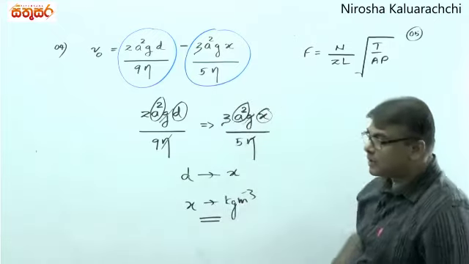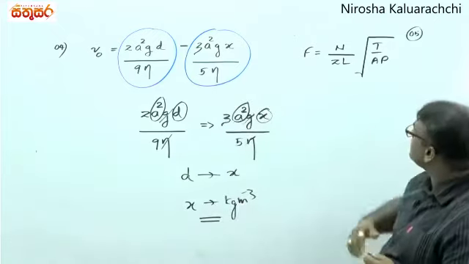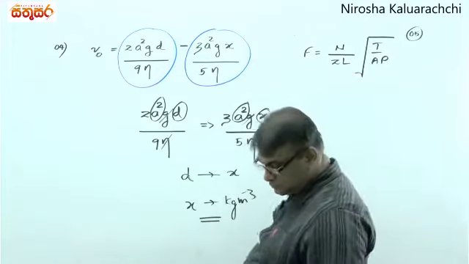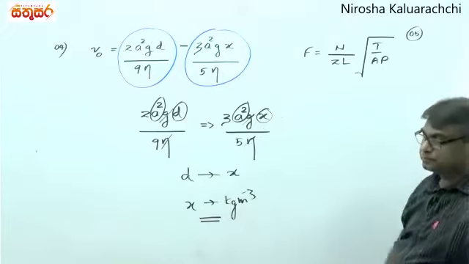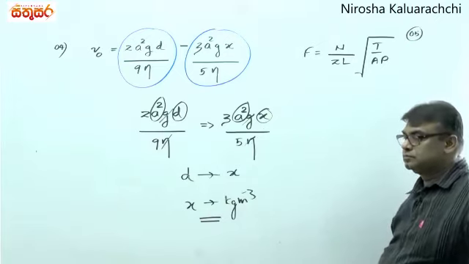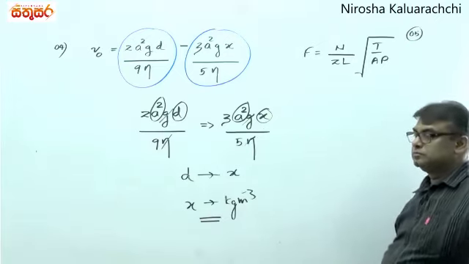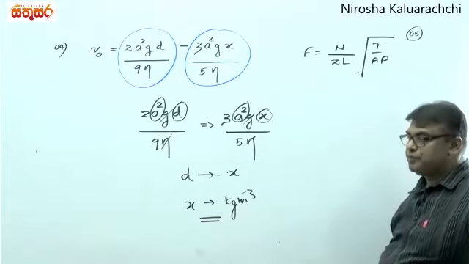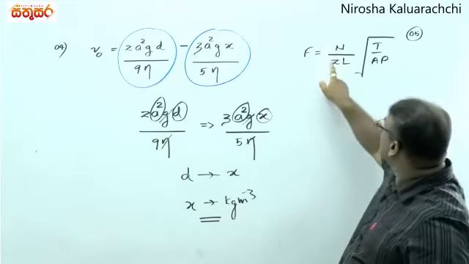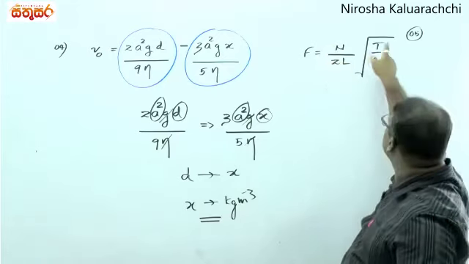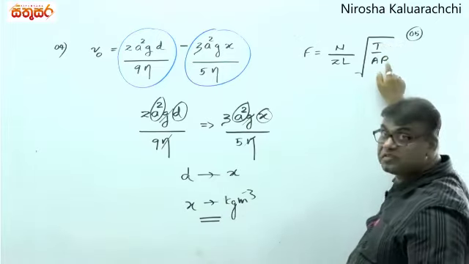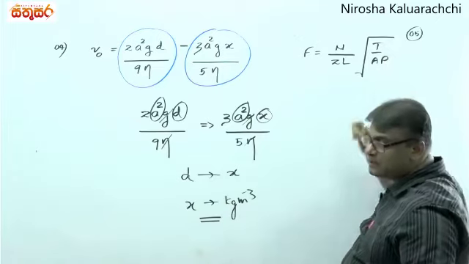Where f equals capital N over 2 capital L root of capital T over capital A and rho. This is not P, this is rho, density.